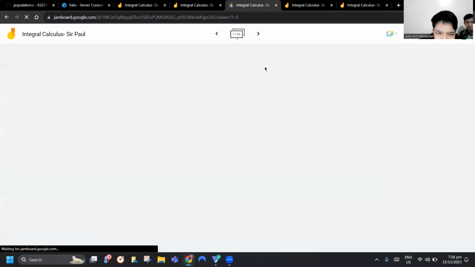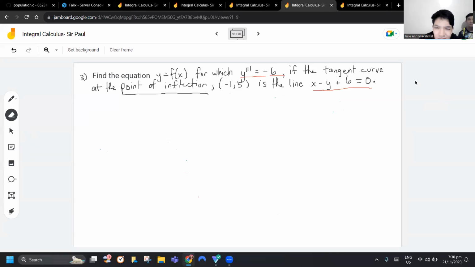Now it should show up. After I was able to recover, I was able to unsync the changes. So now the Jamboard is back.